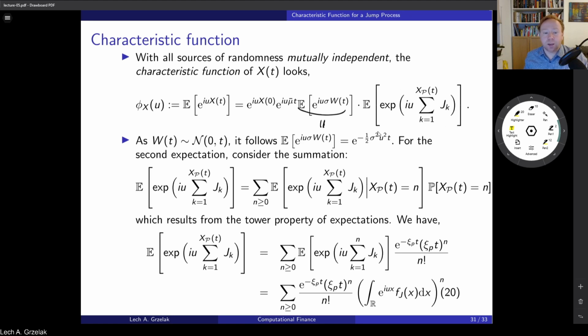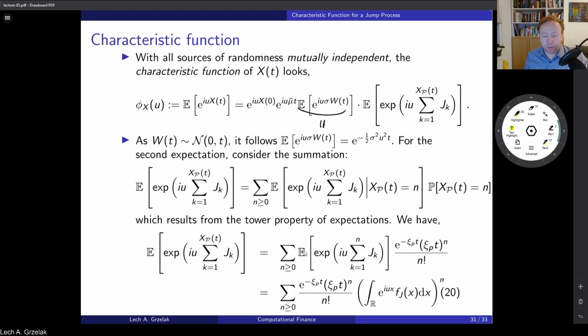For the other term, we can use Wald's equation that we have just discussed. In this way, by conditional expectation, we can express it as a summation of the inner expectation times the probability of the number of jumps, which can be further simplified as follows. We have a summation of the expectation of e to the power i u times the sum until N of J_k, and we sum over all the n's.